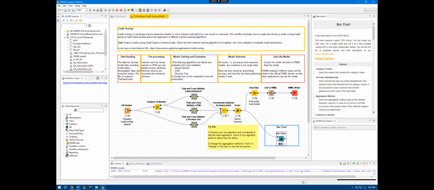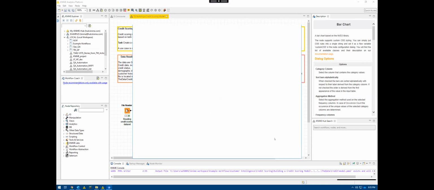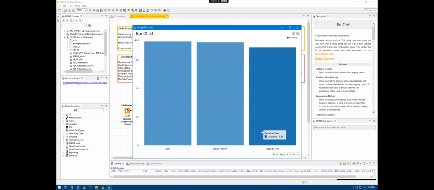We can see the accuracy in a bar chart when this finishes running. It's going to take a little bit of time here. As you can see, it's almost there, and it will show something like this, right?